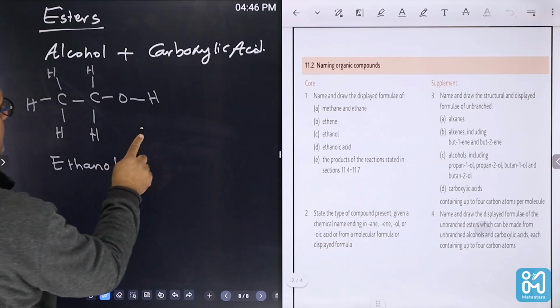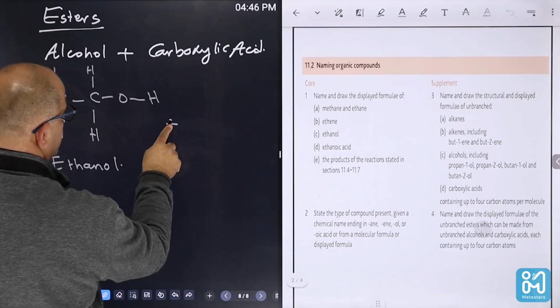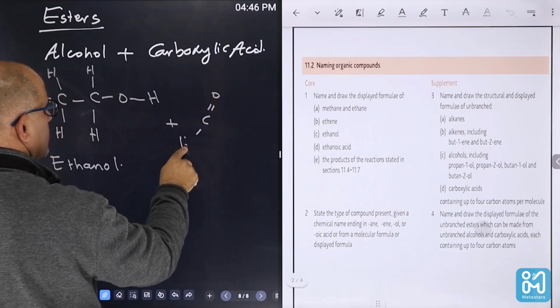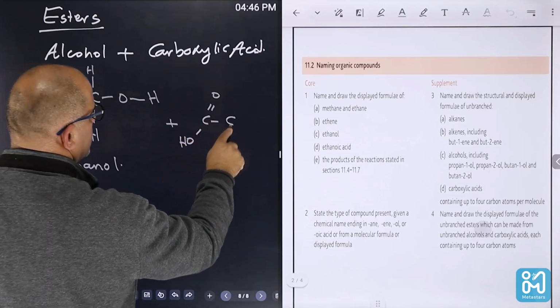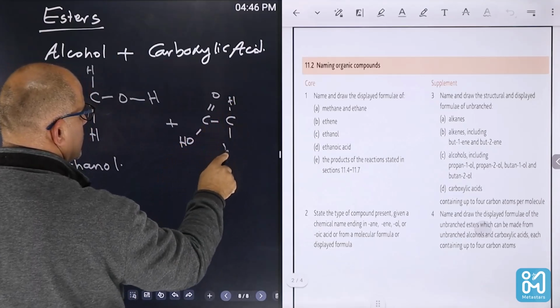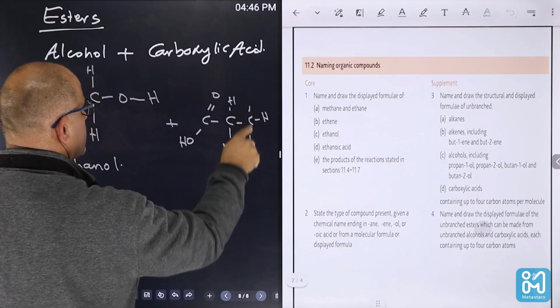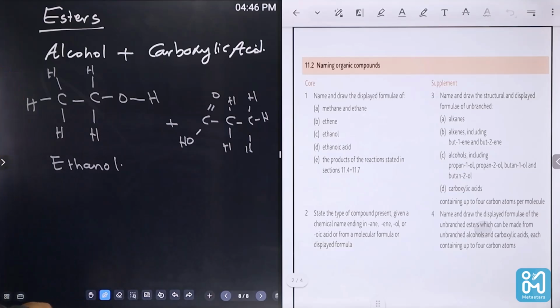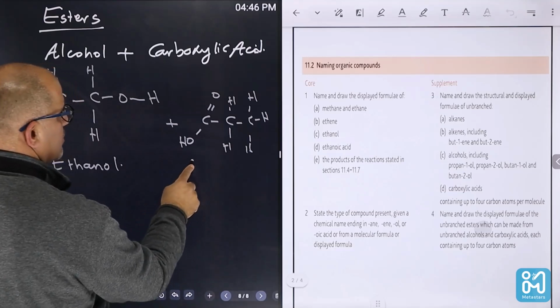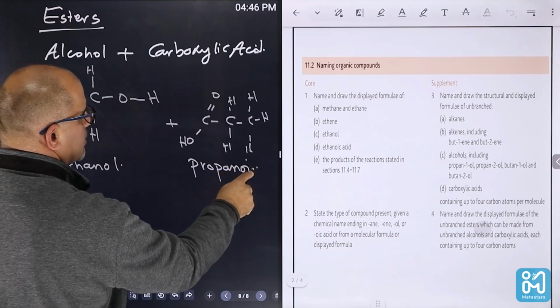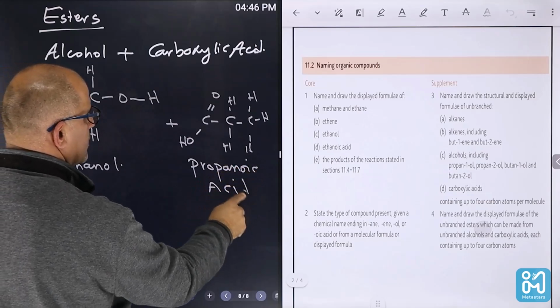Okay, and if this is reacted with COOH, and we have 2 hydrogens and 3 carbons like that, this is named propanoic acid.